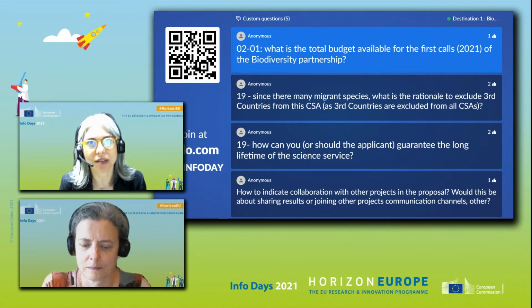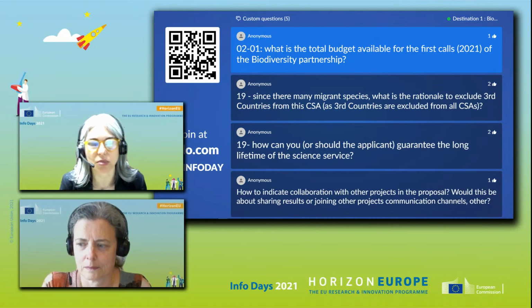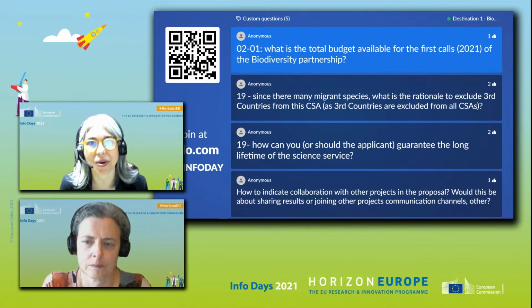So we expect a big call. It's actually twice the size of the usual calls that Biodiversa has been doing in the last 10 years. So 40 million euro for biodiversity preservation in the beginning of October. Please check your national funding agencies, because the announcements are going to be there, and also on the Biodiversa website.